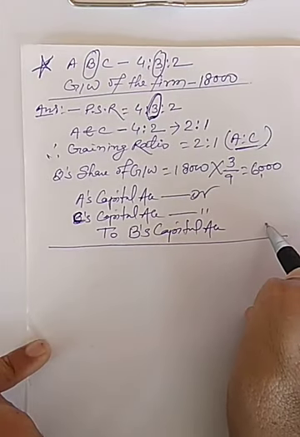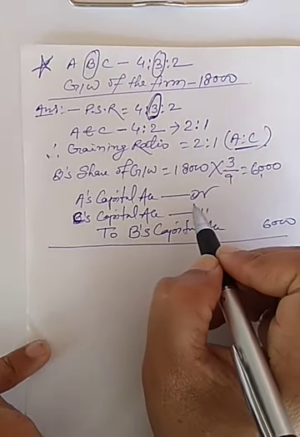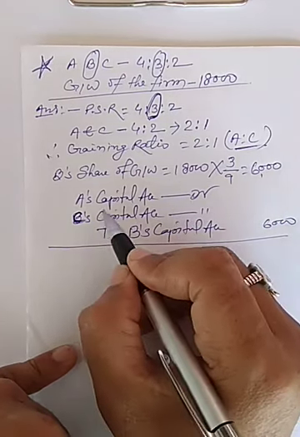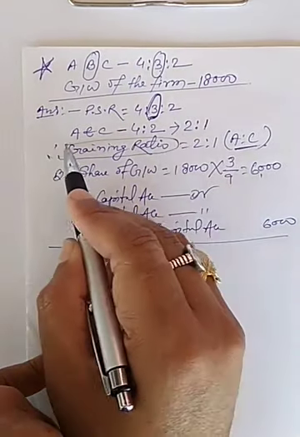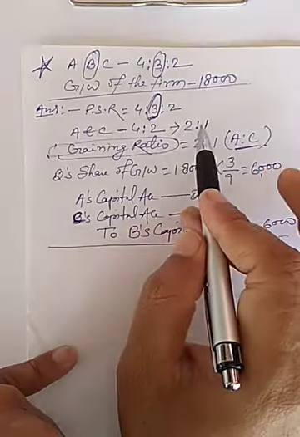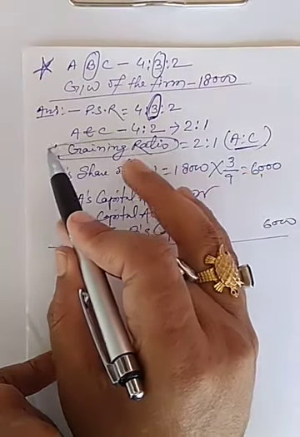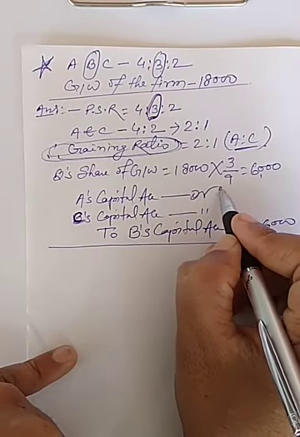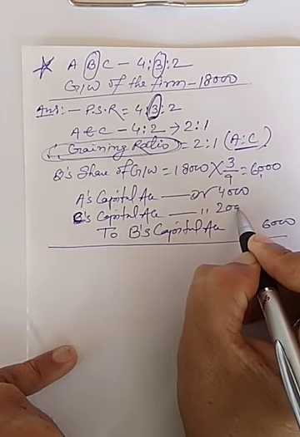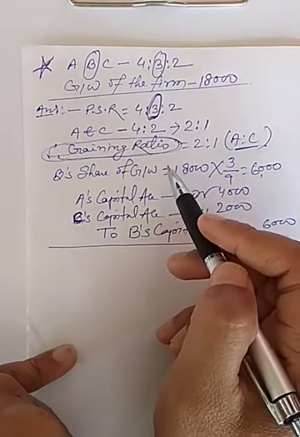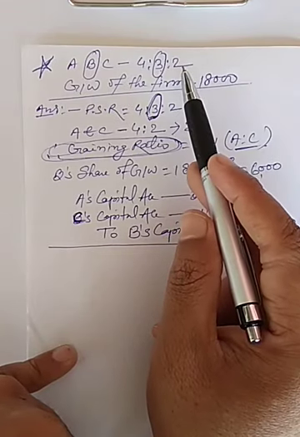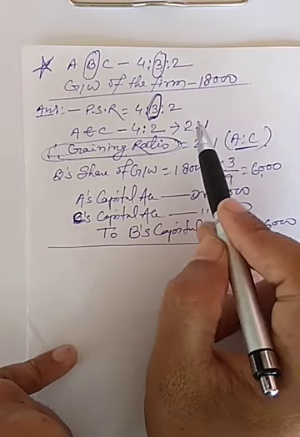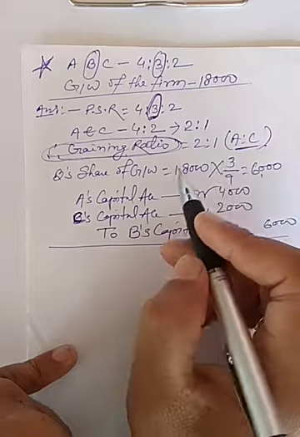Amount will be 6,000, and 6,000 will be shared by A and C in their gaining ratio, not in old ratio or new ratio. It will always be shared in gaining ratio. Therefore, it will be 4,000 and 2,000. In this question, new ratio and gaining ratio are also the same.